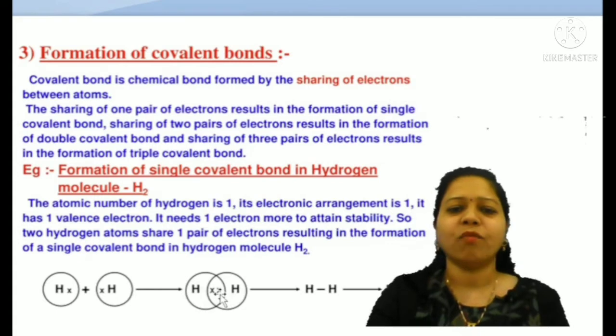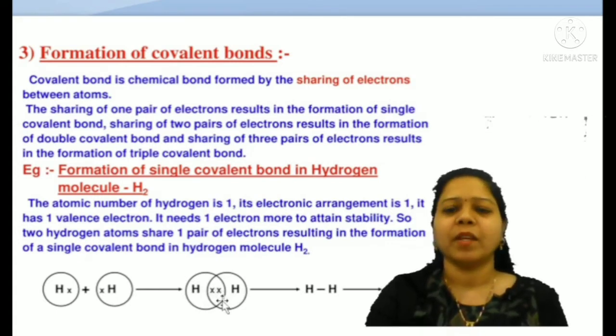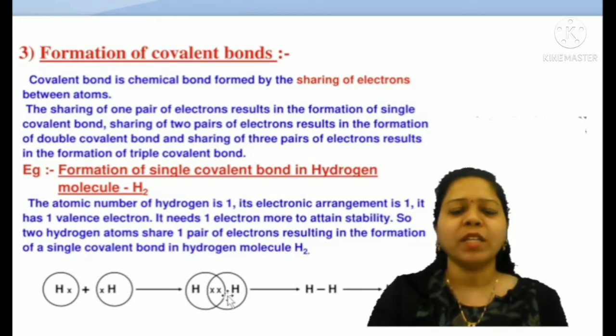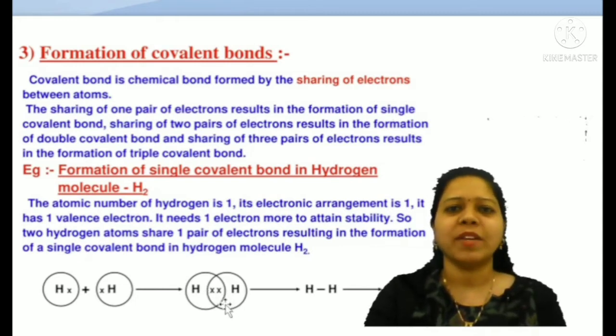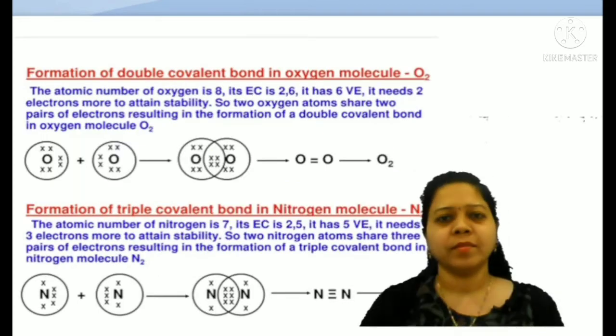That's why they share 1 pair of electrons to bond with each other, and in this way it forms a covalent bond, and from 2 hydrogen atoms it forms a hydrogen molecule. Here 1 pair of electrons is shared, 2 electrons are shared. That's why we are saying this is a single covalent bond.